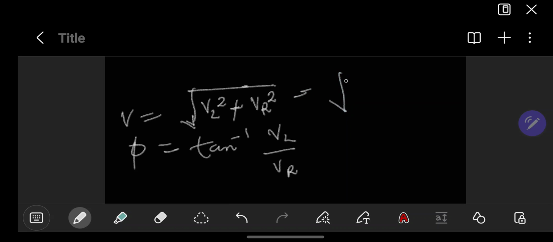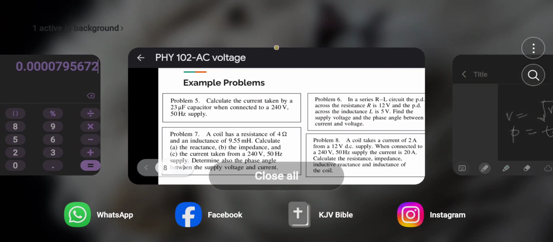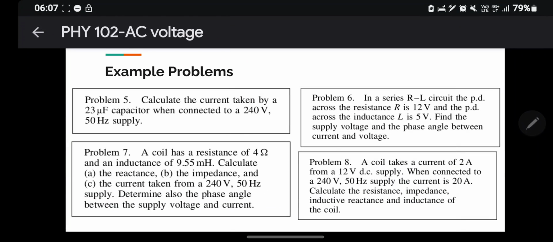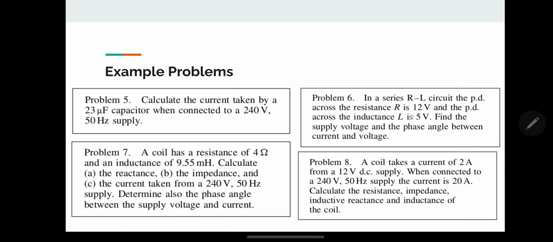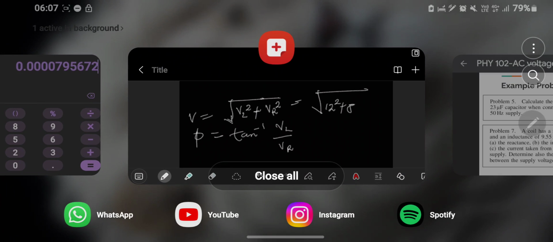So we'll say 12 squared plus, let me just be sure what we're given. So that's 12 for the voltage drop across the resistor and 5 volts for the voltage drop across the inductor.